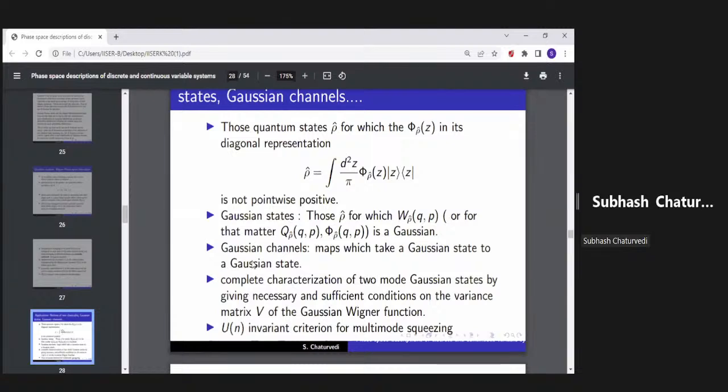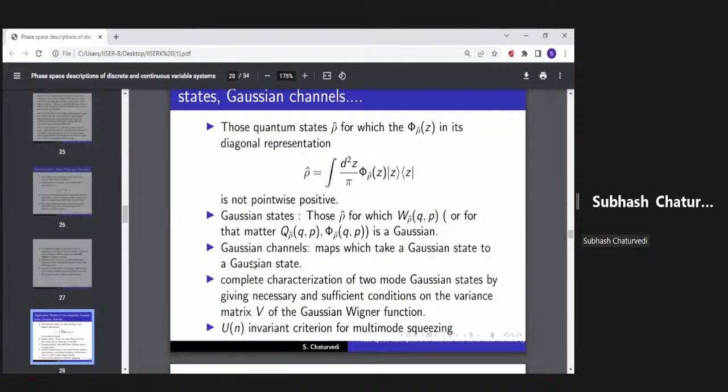So these are two very important notions that arise from these phase space considerations: the notion of a Gaussian state and the notion of a Gaussian channel, because at least in quantum information applications, there's a lot of work done on Gaussian states and characterization of Gaussian channels and so on. It has played an important role in complete characterization of two-mode Gaussian states.